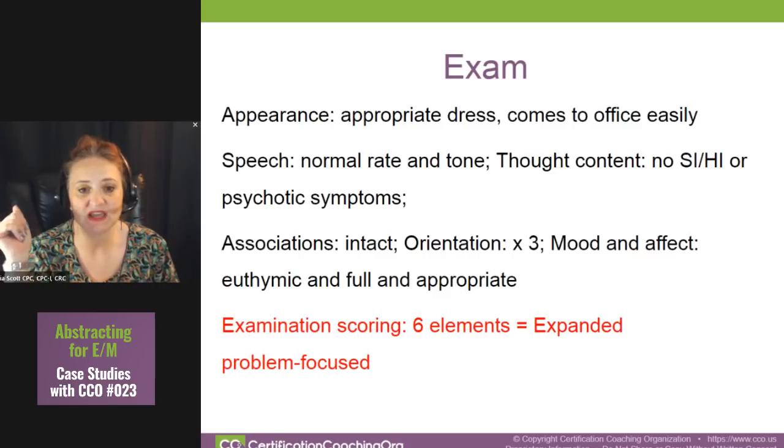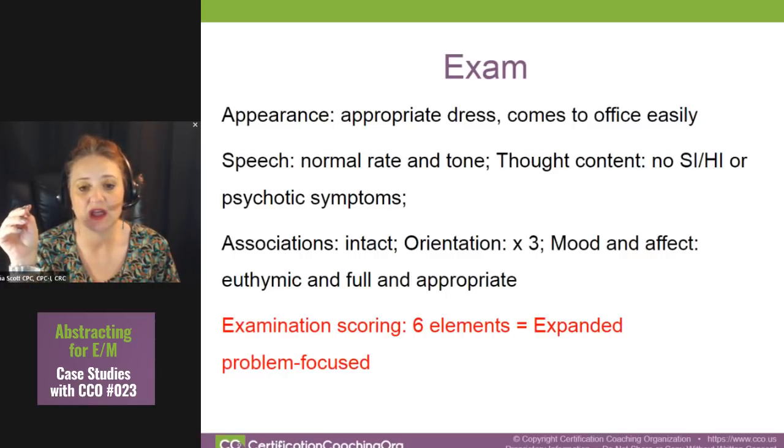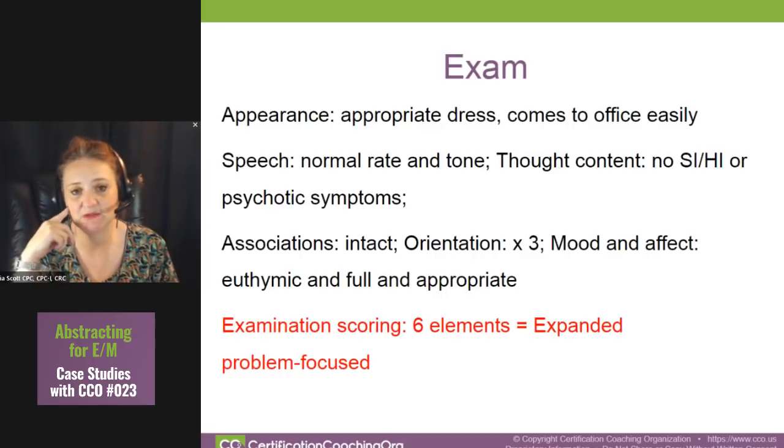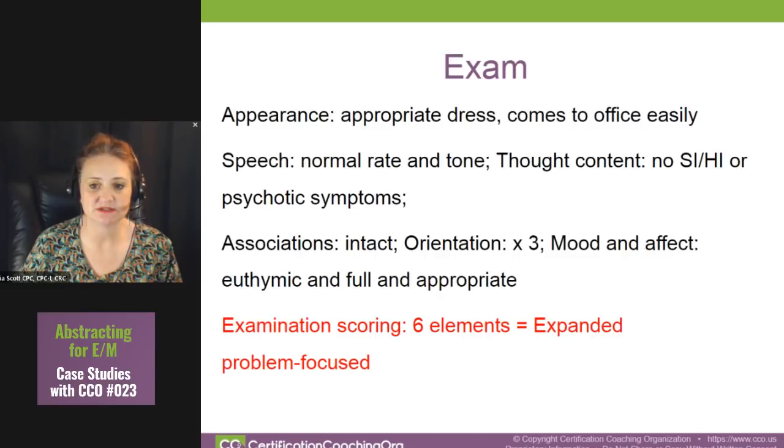Okay. Associations intact. He's oriented times three. Mood and affect: euthymic and full and appropriate. So again, we're going to do the examination scoring. We got 6 elements, which is expanded problem focused. Okay. 6 elements.